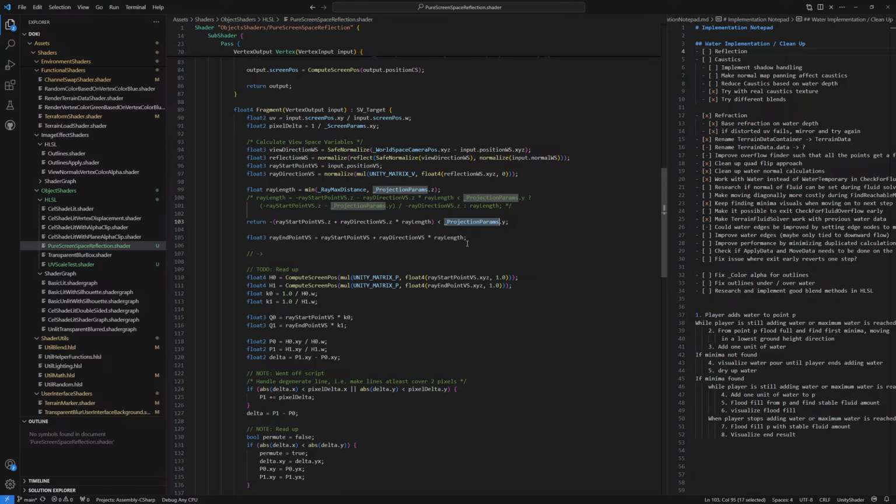So what is it I'm misunderstanding with this? We want to flip this, we want to flip this. And then we should be working in positive.